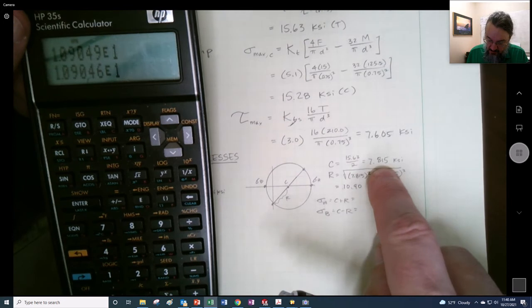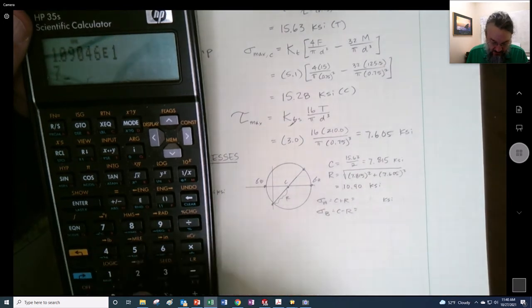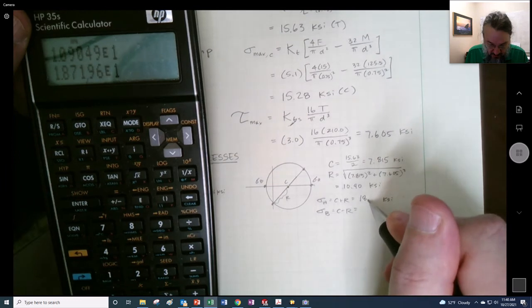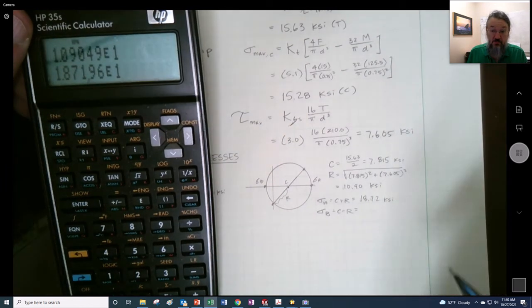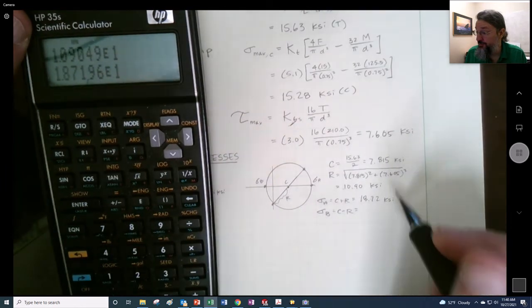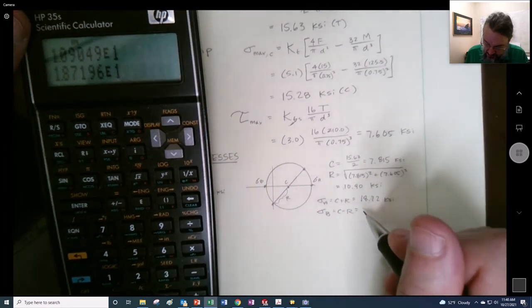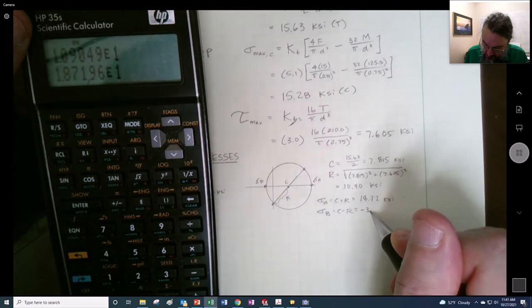So that plus 7.815 should get me, yes, 18.72. 18.72, and then if I subtract them, I should get a negative 3.090 KSI.